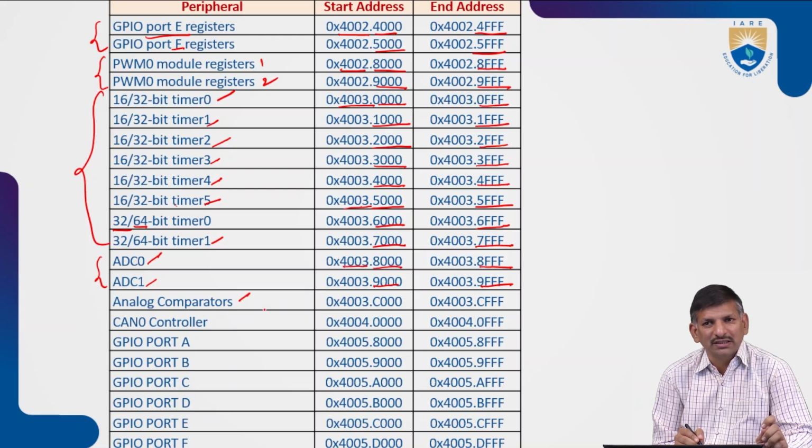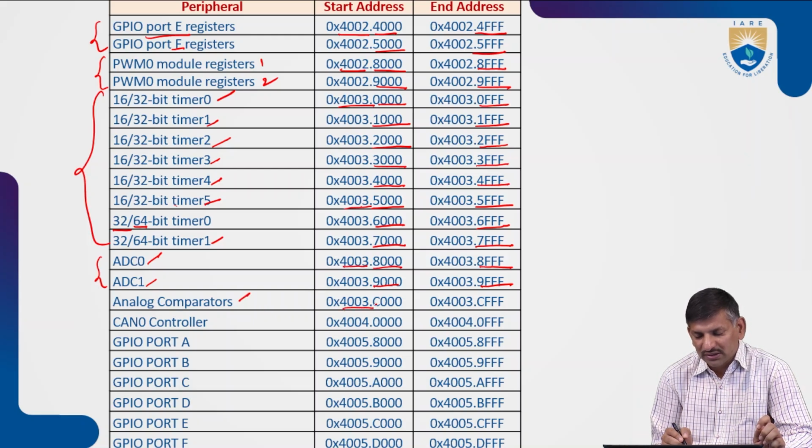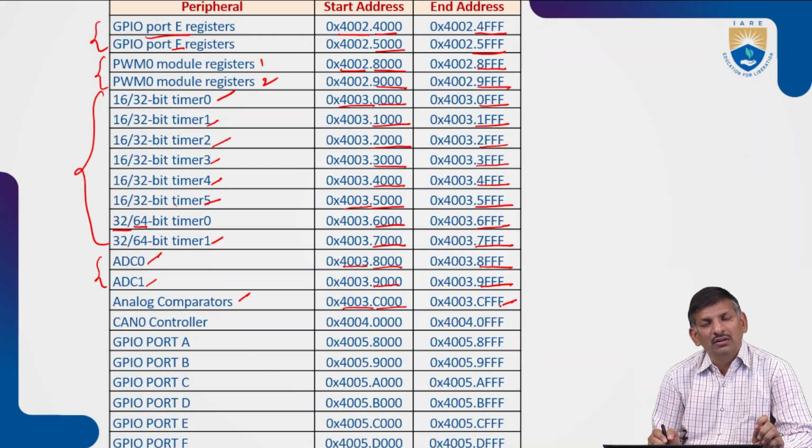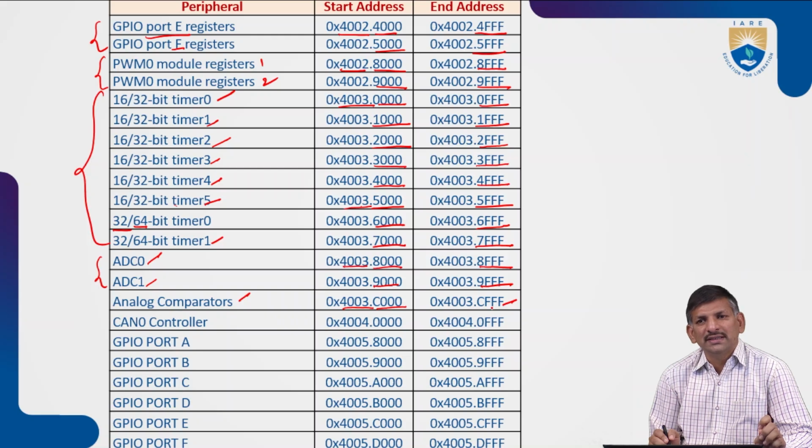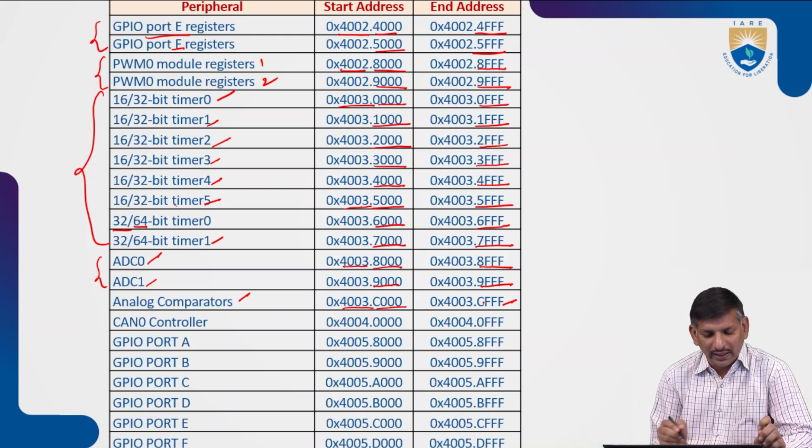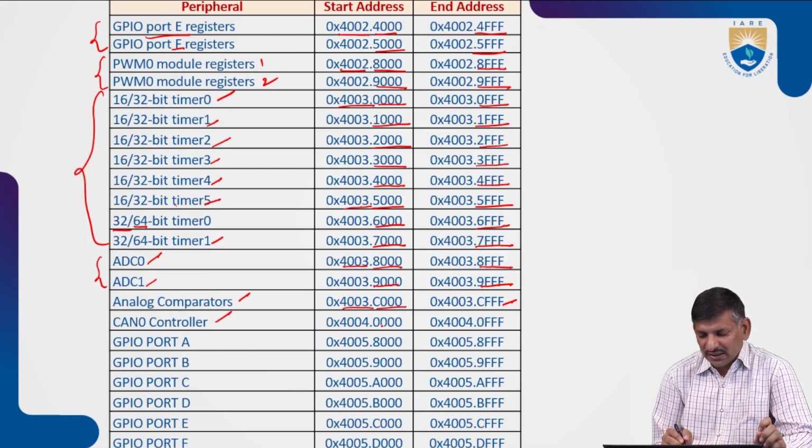For that, they are assigning some memory locations. That address range is 4003 series, C000 to CFFF. Again, it contains CAN node controller, controller area networks. That address range is 4004 series, 0000 to FFF.